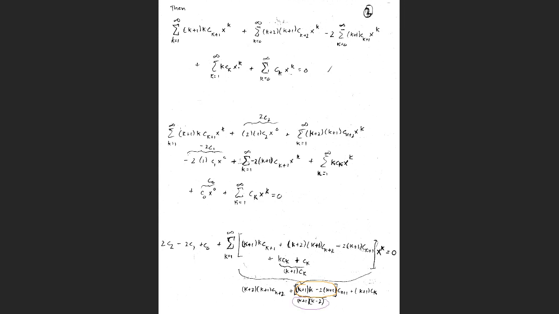The way I got that whole thing is the k plus 1 times c sub k plus 1 term and the minus 2 times k plus 1 times c sub k plus 1 term. I brought those together. That's how I got this here. Simplification of terms. That's exactly right.